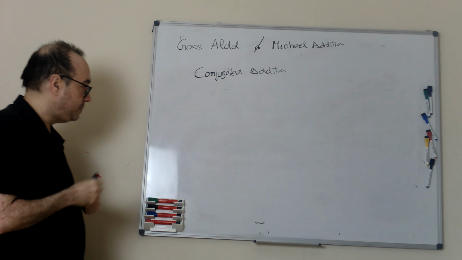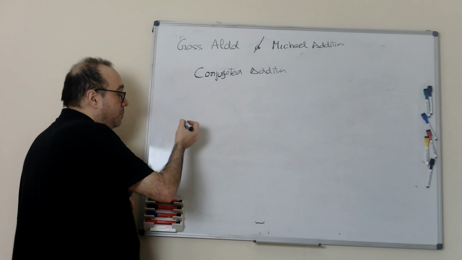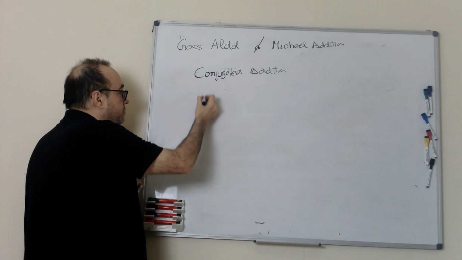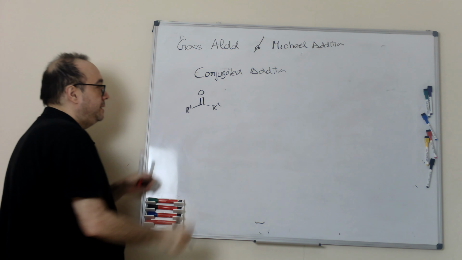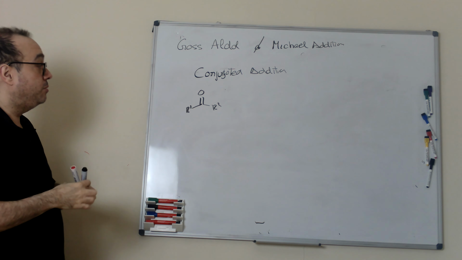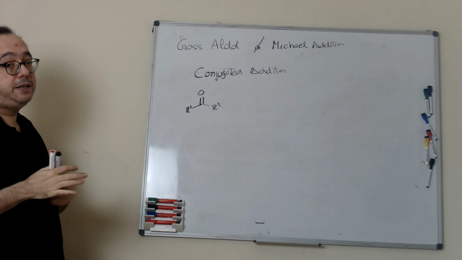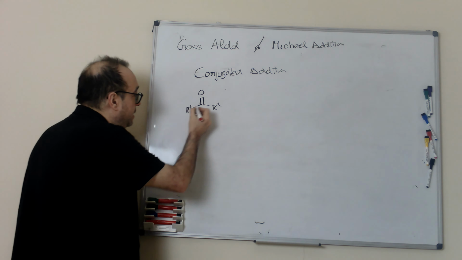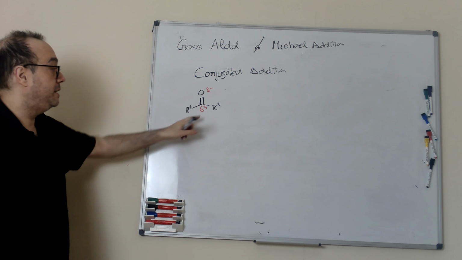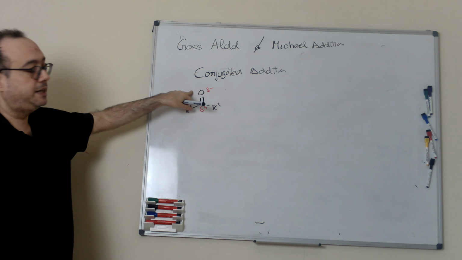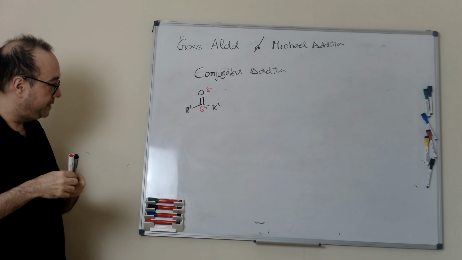Well, what we know is that when we have a carbonyl group, because the oxygen is more electronegative than the carbon, what is happening is that we have a positive charge density on the carbon and a negative charge density on the oxygen.